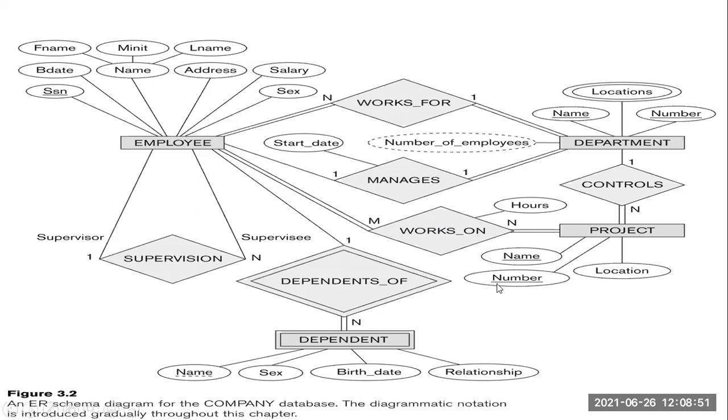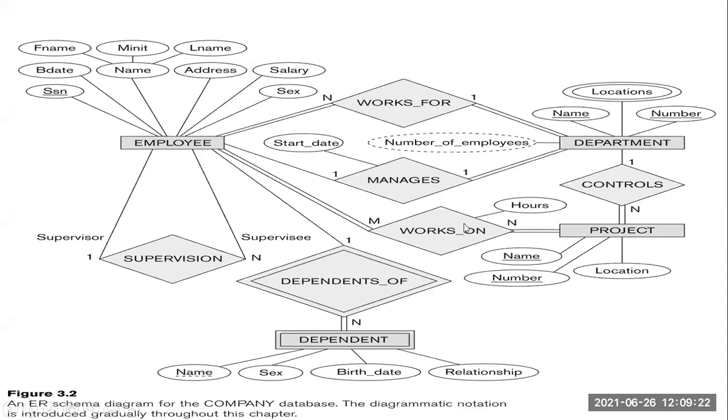So both tables have primary keys, and it is not a weak relationship here. If you see the line, it is a double line, and for project to works on it is also a double line, which means total participation. From the project table all the values are participating, and from the employee table all the employees are working on the respective projects.